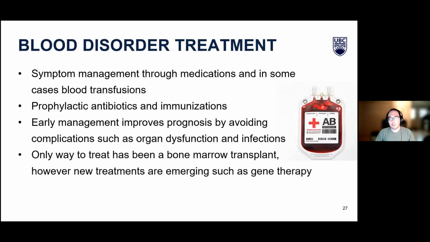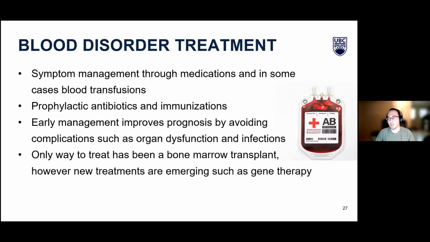In terms of the treatment for these blood disorders, there's various things we can do. We can provide symptom management through certain medications, and in some cases we can provide a blood transfusion. Of course, this is basically by giving blood that has normal hemoglobin, and so therefore we can manage some of the symptoms such as the anemia.